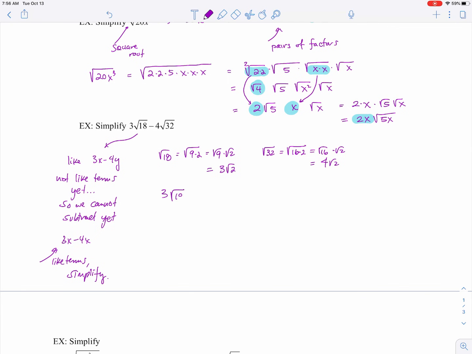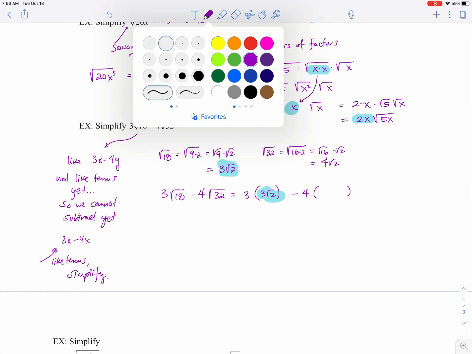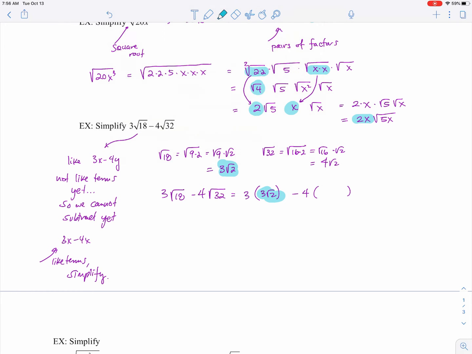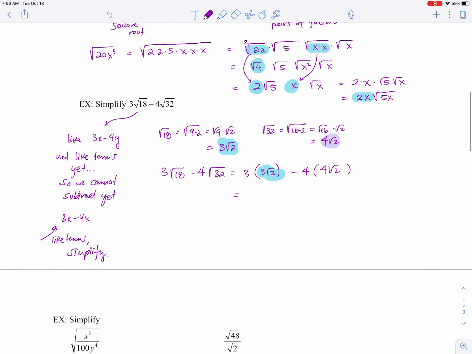So what was 3 root 18 minus 4 root 32 becomes 3 times 3 root 2 minus 4 times 4 root 2. And when we simplify this, we get 9 root 2's minus 16 root 2's.